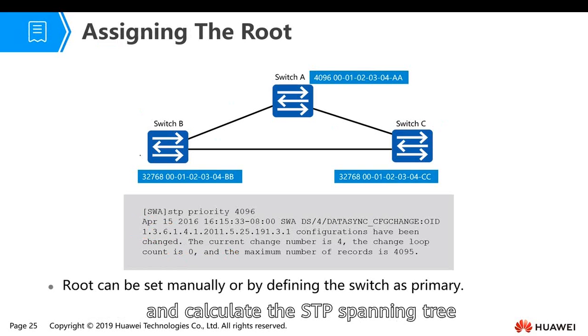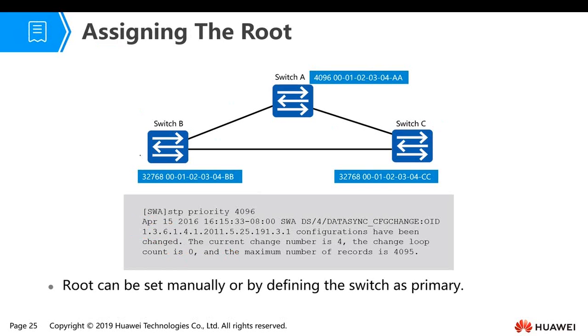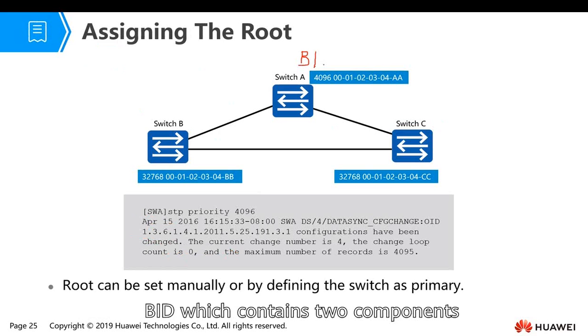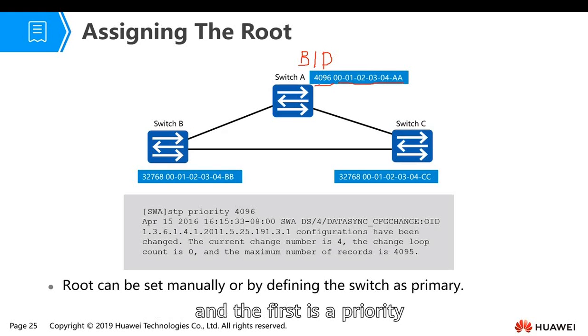But in the real network, maybe you want to figure out who should be the root bridge. So how to do this? Of course, we know that the root bridge is selected by the bridge ID. The bridge ID contains two components. The first is the priority.